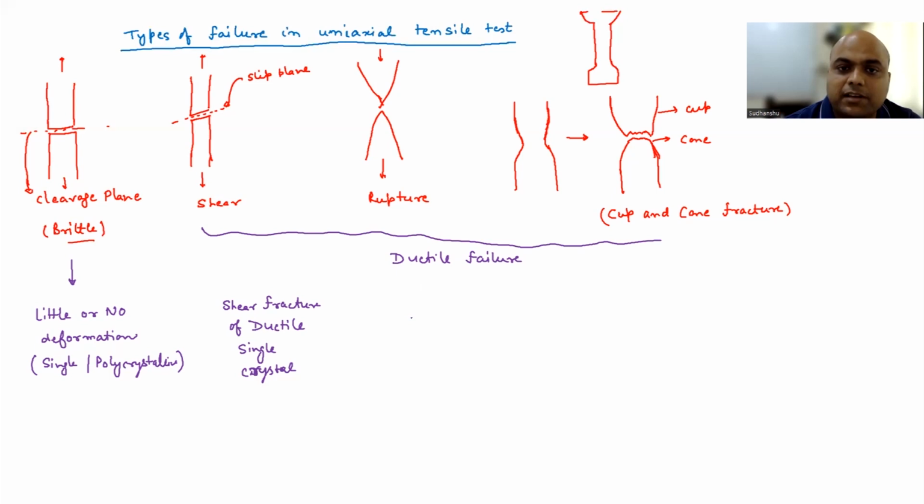The third one, which is the rupture, where the failure is occurring at a point after necking has occurred. This will also occur in ductile material, but it is of pure nature. So completely ductile fracture of polycrystalline, and this is for pure metal.